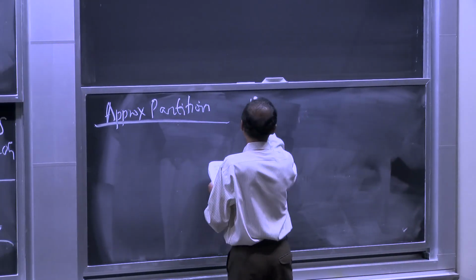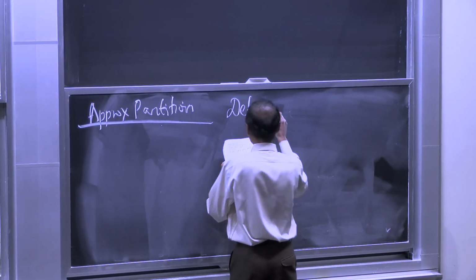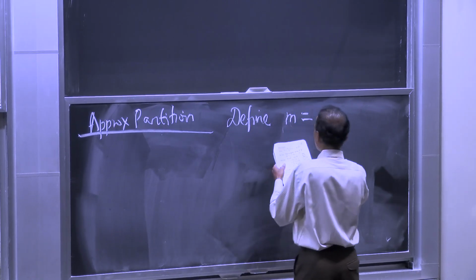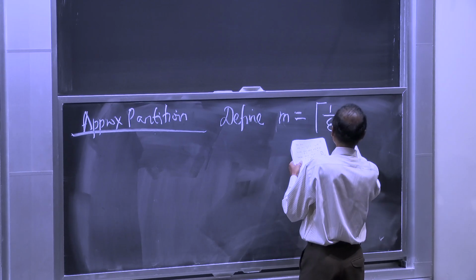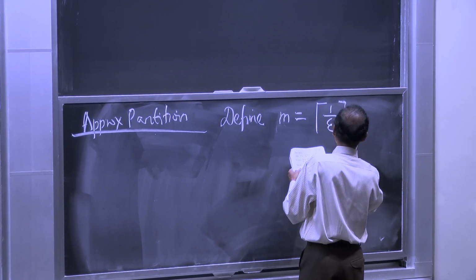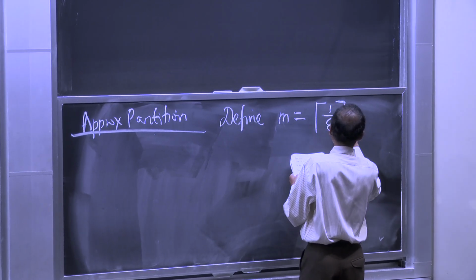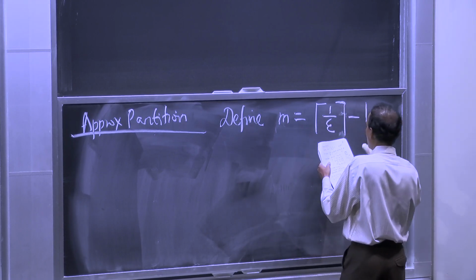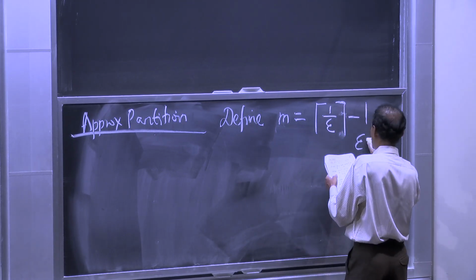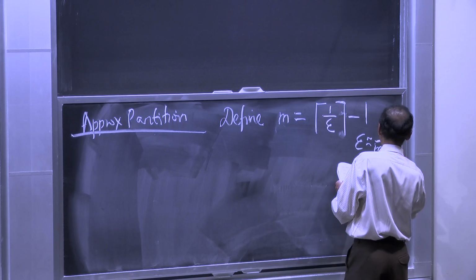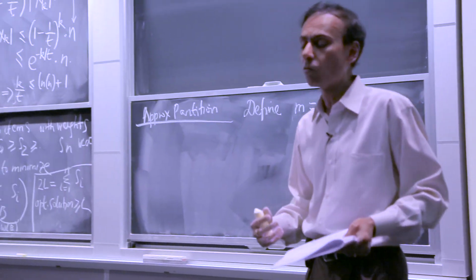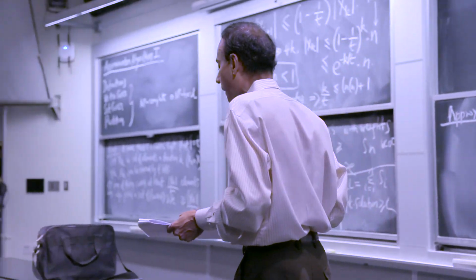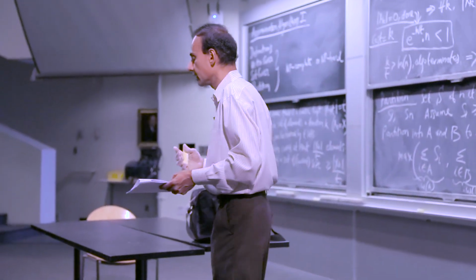Well, basically what happens in PTASs, or in a bunch of them, is that you essentially do an exponential amount of work given a particular epsilon to get a partial optimum solution. So you can think of epsilon as essentially being 1 divided by m plus 1, where m is some quantity.